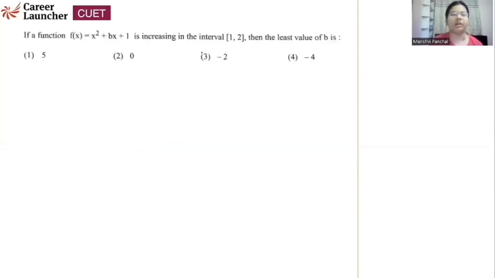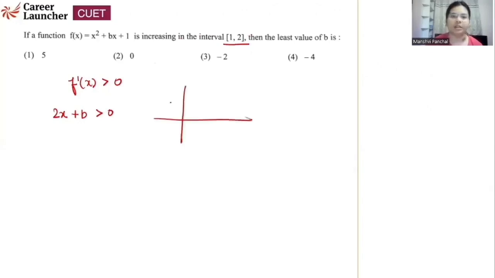Now question number 13. If the function x squared plus bx plus 1 is increasing in the interval 1 to 2, then the least value of b is. If this function is increasing, it means f dash x has to be greater than 0. What is f dash x? It is 2x plus b, that should be greater than 0, right? Now we will put the values of the interval.